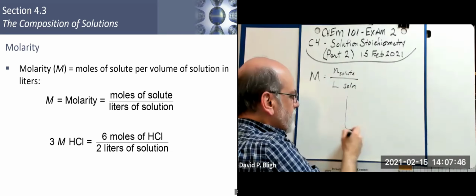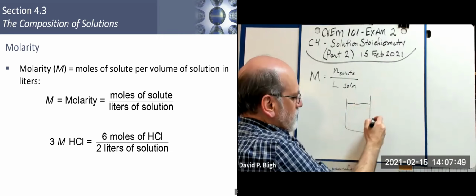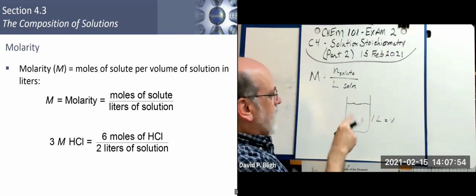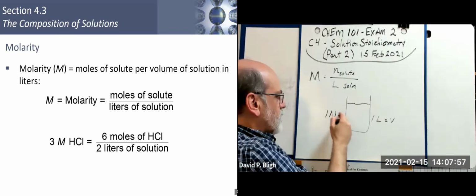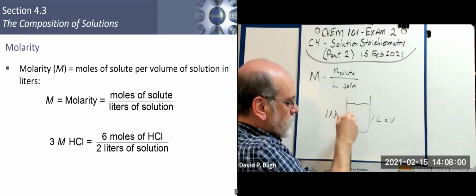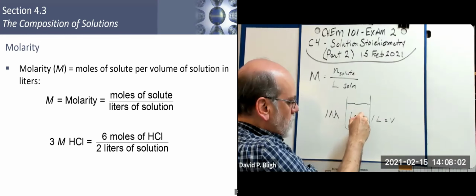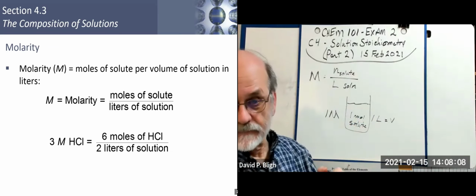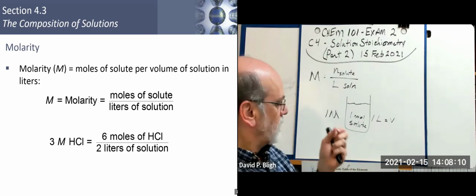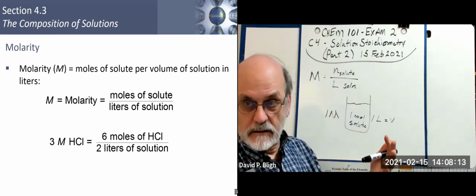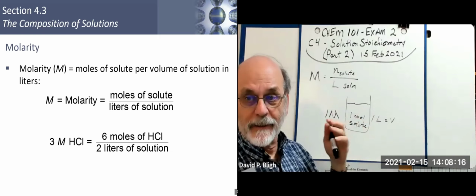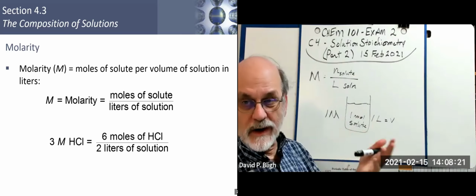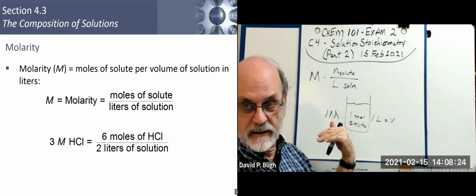So if you got a liter, and this is 1 liter volume, and it's a 1 molar solution, you know that in that liter, you have 1 mole of solute. That's what it means. And it's very convenient expression of concentration, because once you've made the solution, there's really no good way to differentiate solute from solvent.